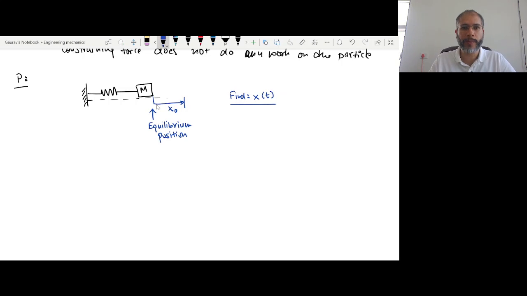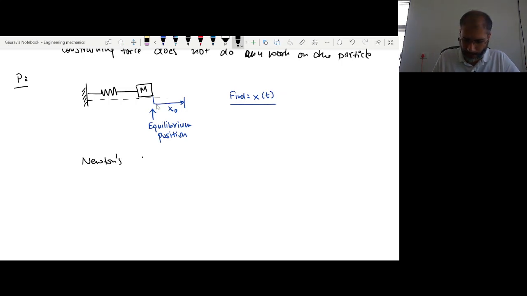So the first approach would be to simply apply Newton's second law. That's most intuitive. So let's do that. Newton's second law. So first we draw the free body diagram.